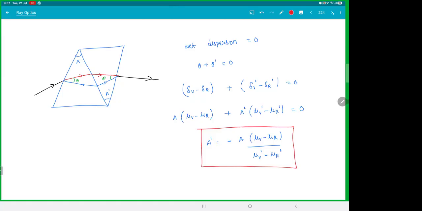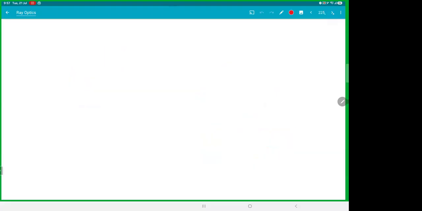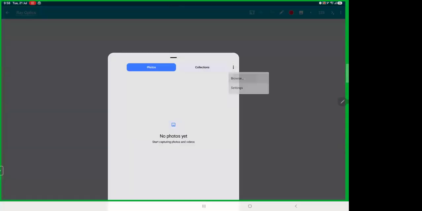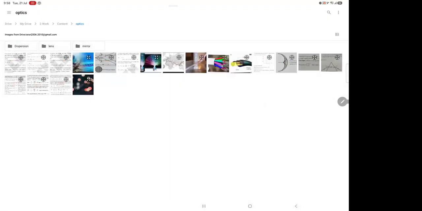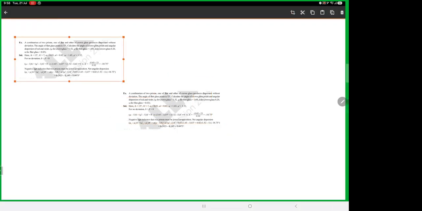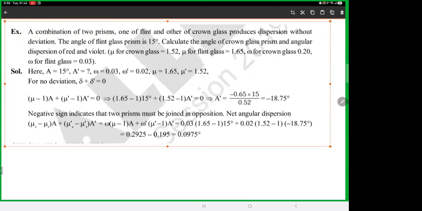Clear with these two cases? So this is a combination of prisms. Average deviation is 0, no dispersion there. And this is how they'll frame questions on this. There, just have a look at this.